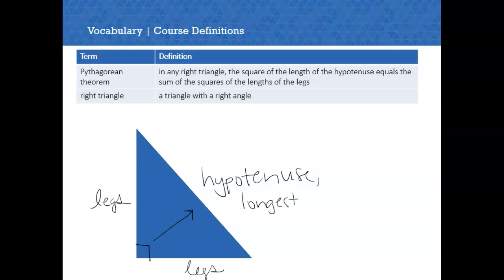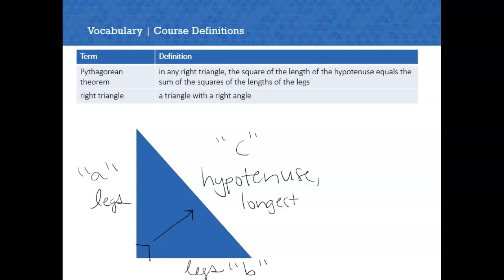So these are the legs. Here's the hypotenuse. This is a right triangle because it has a right angle. In the Pythagorean theorem, we call the legs A and B, and it doesn't matter which one's A and which one's B, but the hypotenuse is C, and that does matter. C has to be the hypotenuse, which is the longest side.